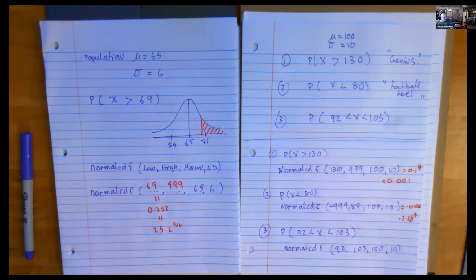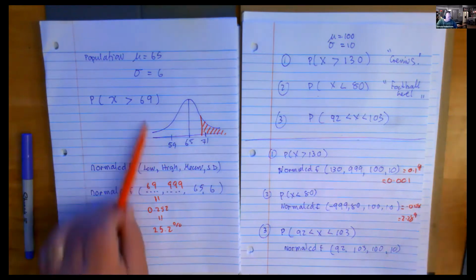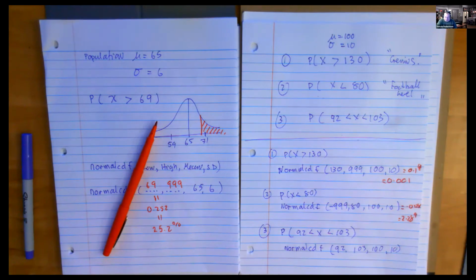Okay, we've got time. Let's find out. Don't worry if it's not right. As I say, it's so easy to hit the wrong number somewhere. So I'm going in to do number 2. I've got negative 999, comma, 80, a mean of 110, a standard deviation of 10.